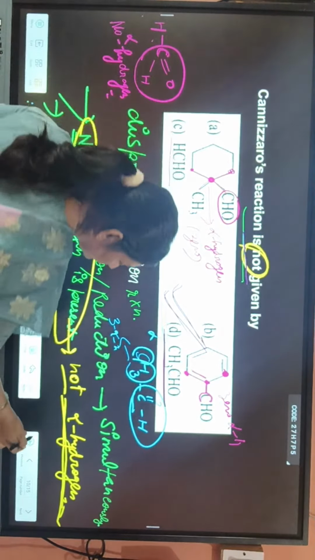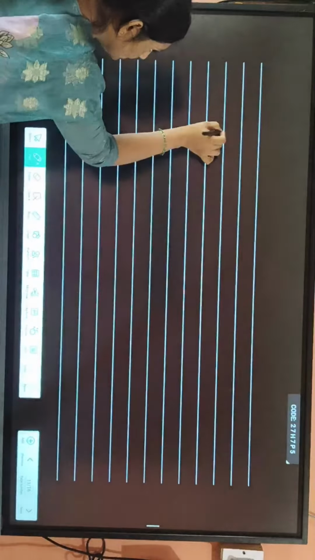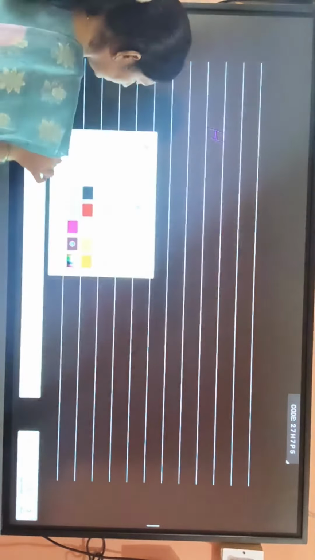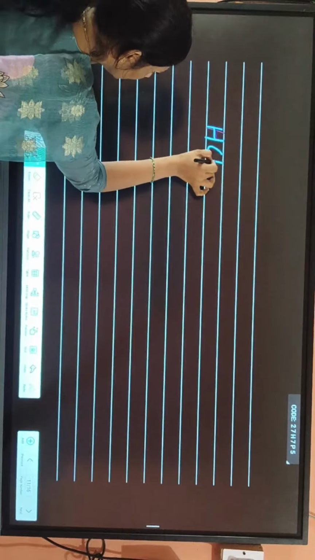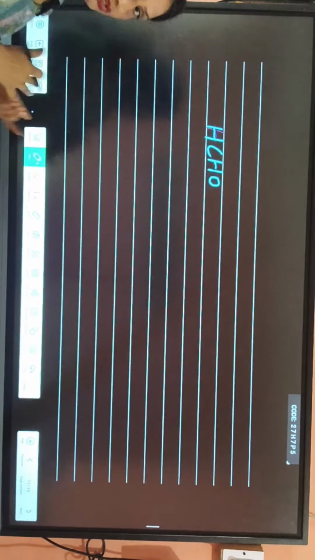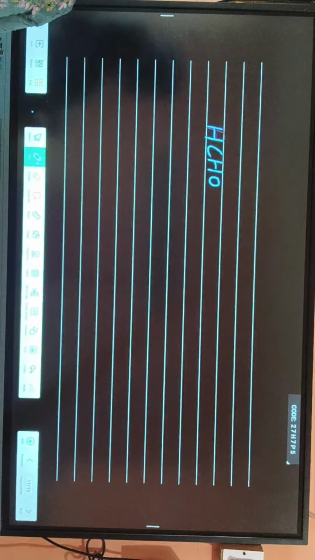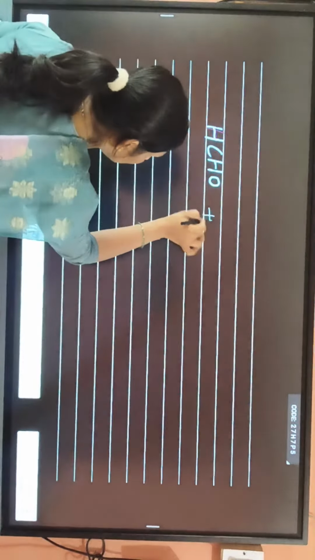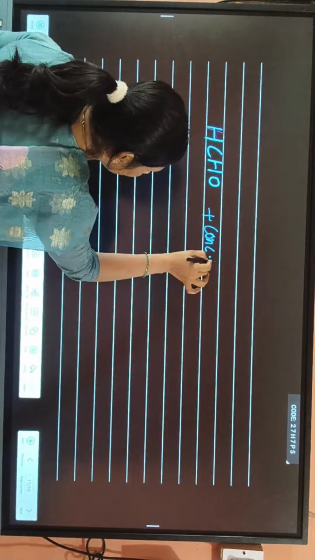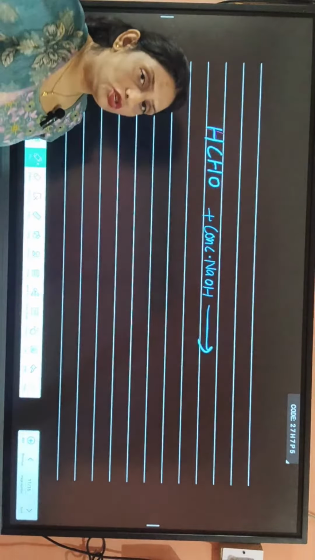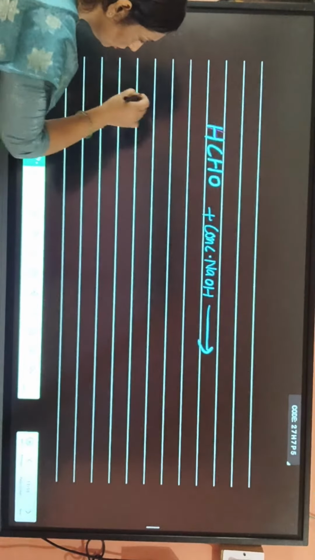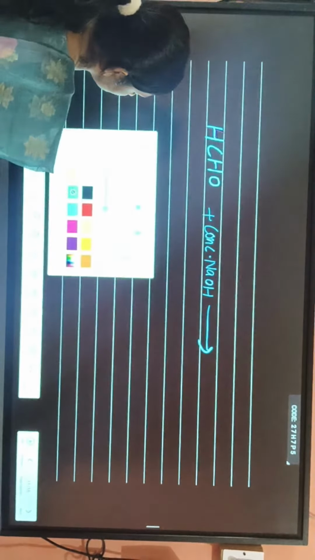Okay, so for example, if I am having this, because you know very well formaldehyde has no alpha hydrogen, so definitely it will show it. Okay, if you are having concentrated NaOH, then it shows a disproportionation reaction, means oxidation as well as reduction take place.